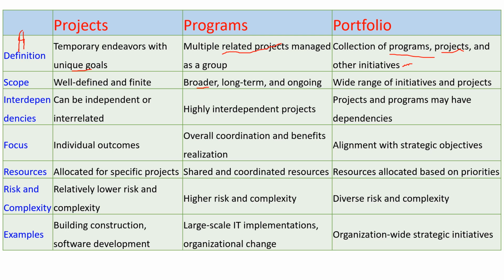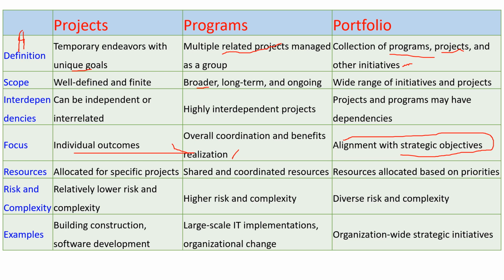According to the focus, the project has individual outcomes, whereas programs have overall coordination and benefits realization. And for a portfolio, the focus is alignment with strategic objectives, because the scope is wider, so it should be aligned with the strategic objectives.